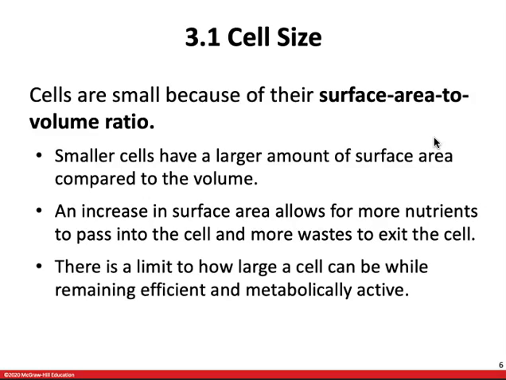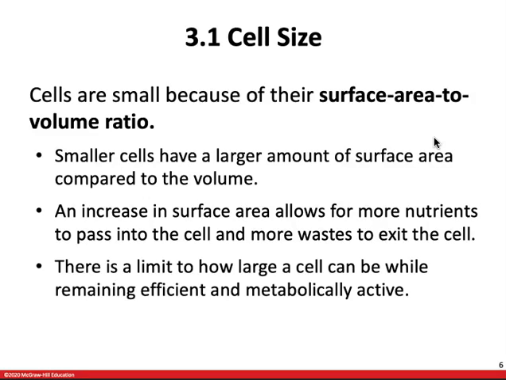So like I said, the surface area to volume ratio requires that cells be small. The smaller the cell, the larger the surface area to volume ratio, the more efficient that cell is going to be. So in very large cells, the surface area relative to volume decreases, which decreases the efficiency of transporting materials into and out of the cell.